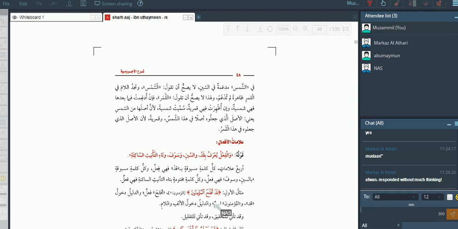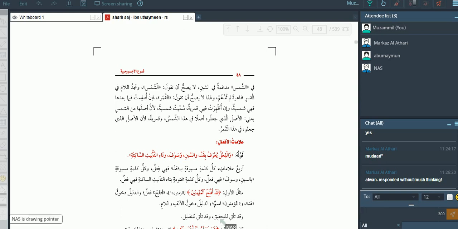In actual fact, Ibn Uthaimeen says, it goes for Mudari as well. Qad will enter into both, because the Shaykh gave both examples. He said, قد أفلح المؤمنون. أفلح فعل والدليل دخول قد.